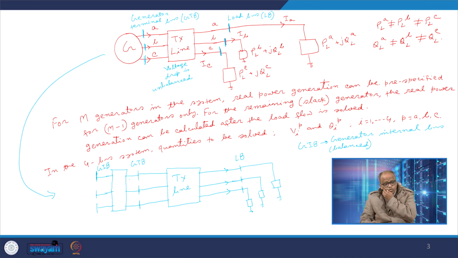Internally every generator generates some balanced voltage, but because an unbalanced load is connected at its terminal, unbalanced current flows out of the generator windings.